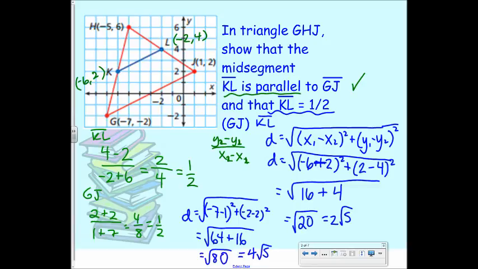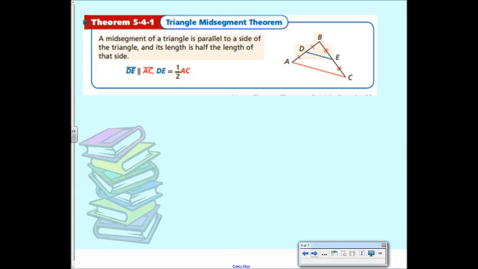Okay, so all that information goes together for the midsegment theorem.